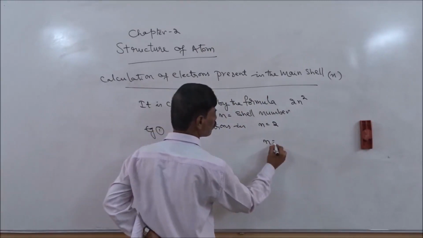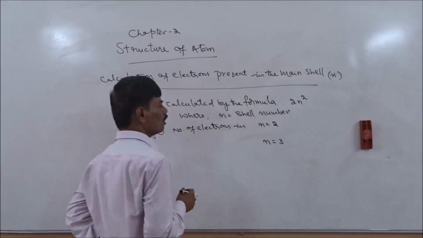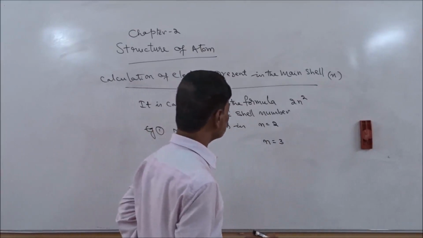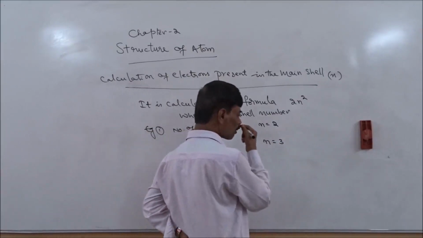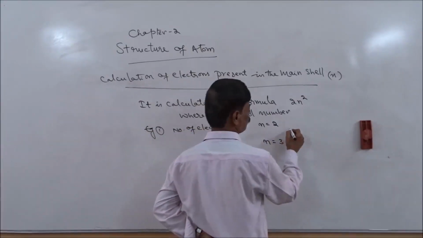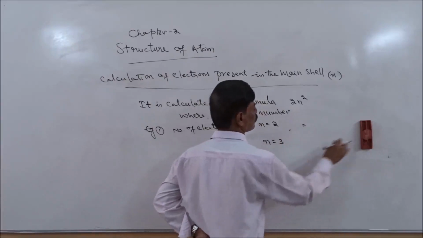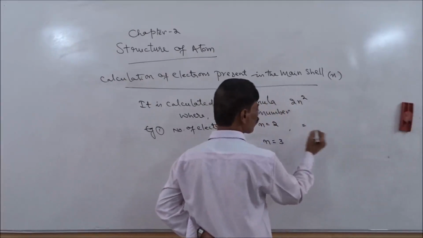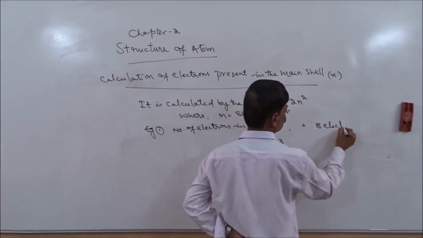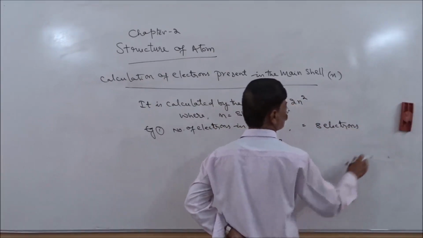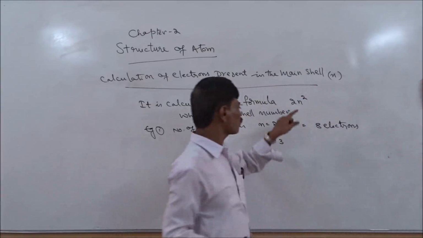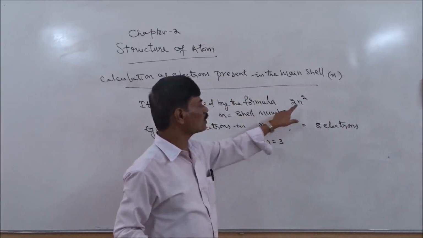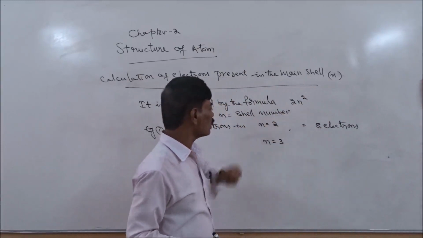Next, n is equal to 3. When n is equal to 2, the number of electrons accommodated will be 8 electrons. So it is obtained in this way. N value is substituted. Right.